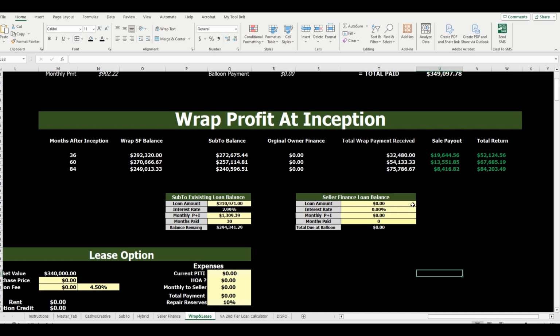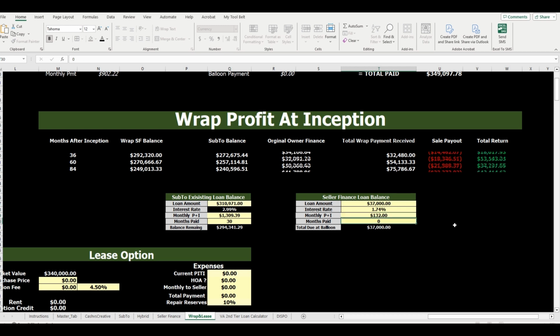And so my seller carryback to the seller, because they are not receiving all their equity up front, is going to be $37,000. We have agreed to a 1.74% interest rate on that loan amount. My monthly payment to them, principal and interest, is going to be $132 every single month until the balloon period is paid.